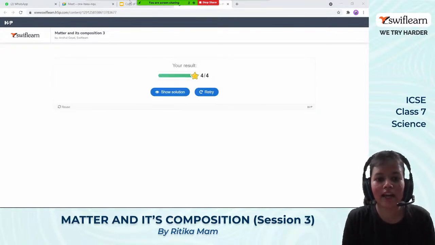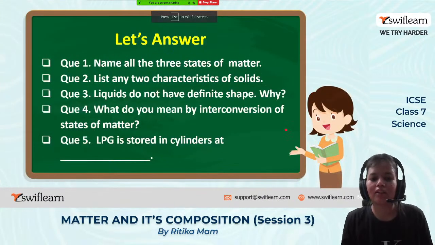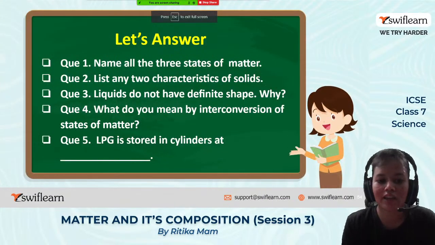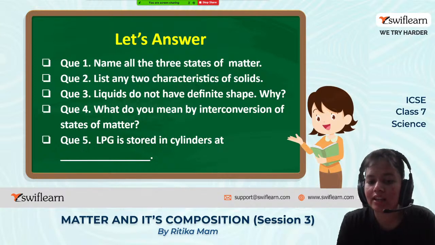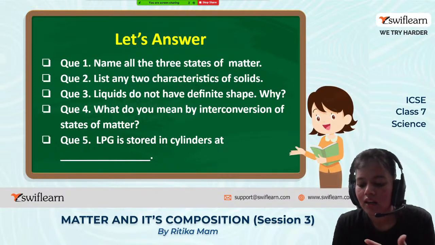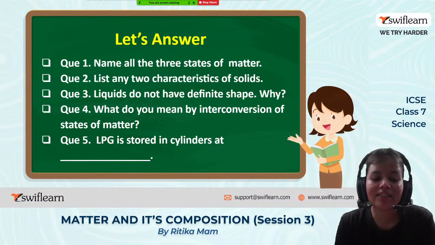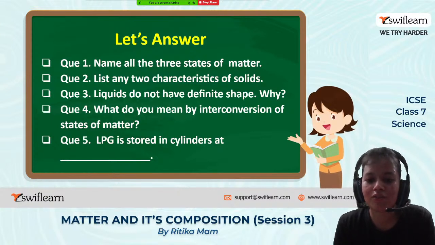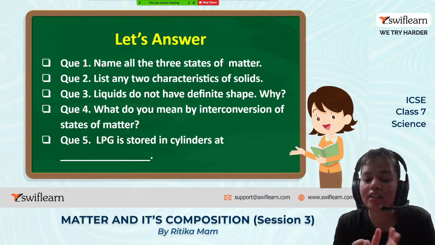Having said that, let's go back to our chapter. Let's see what we have learned today. Name all the three states of matter: solid, liquid and gas. Next, list any two characteristics of solids. The two characteristics of solids are that they have definite shape and definite volume.